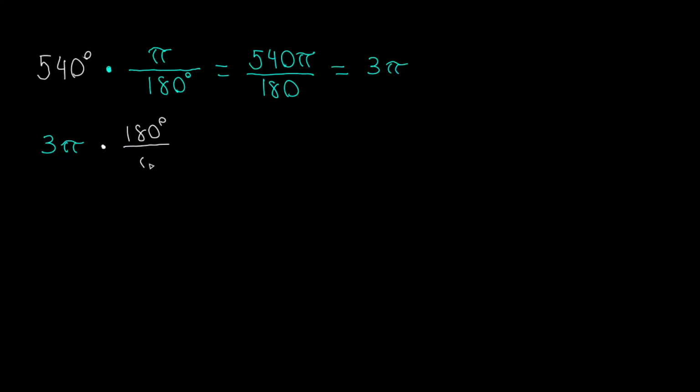And we want to get rid of the radians. 3 times 180 is 540, or 3 pi times 180 is 540 pi, over pi, the pi's cancel, and we're left with 540 degrees.